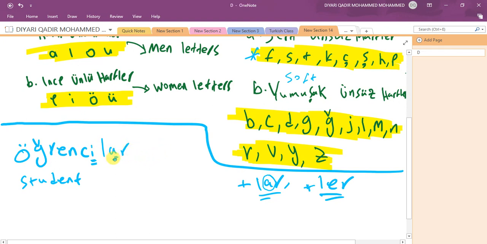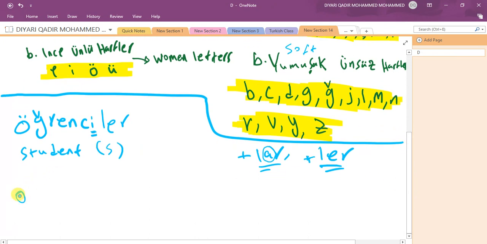Because this a is not among the women letters, this is men letters. So instead we have to select this e, ler. So öğrencİler. Öğrenci means student, but when we put this ler, it becomes students.